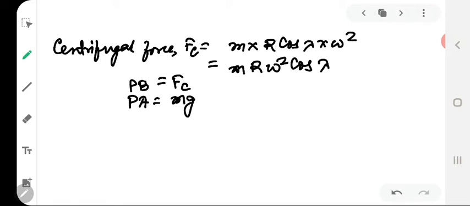Then the diagonal PC represents the apparent weight.